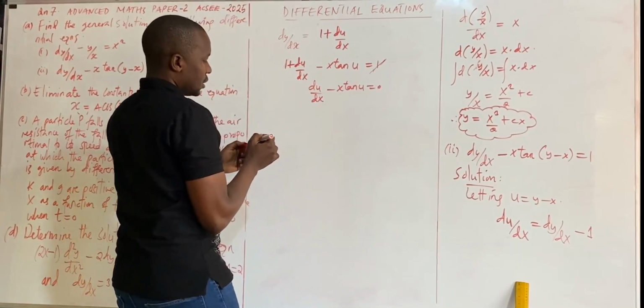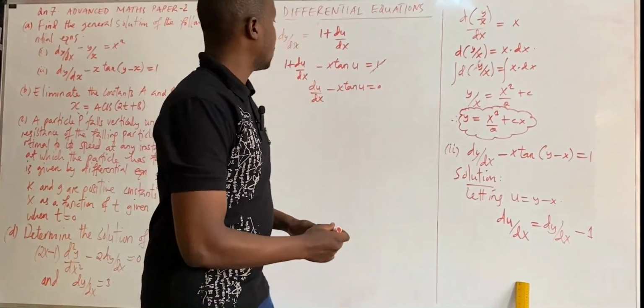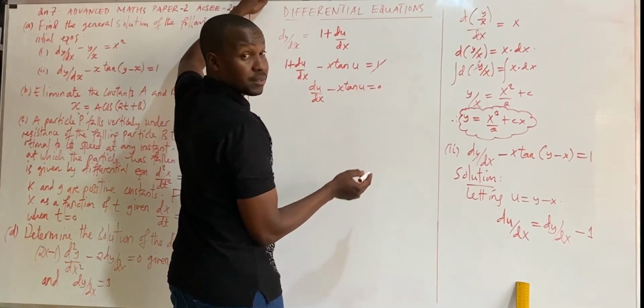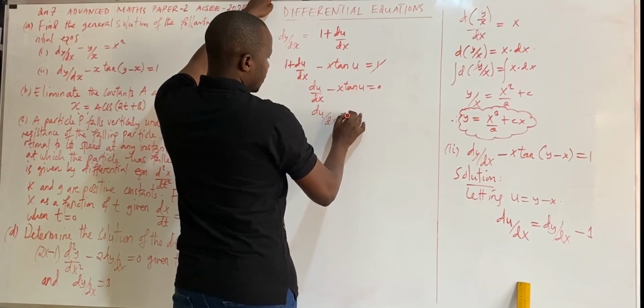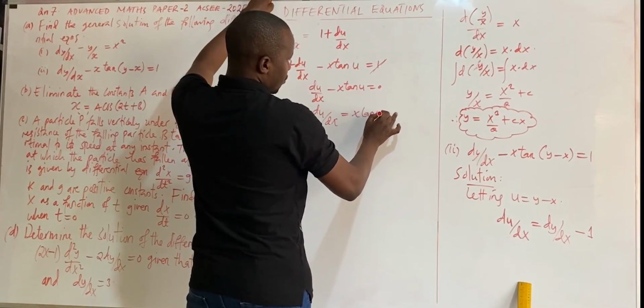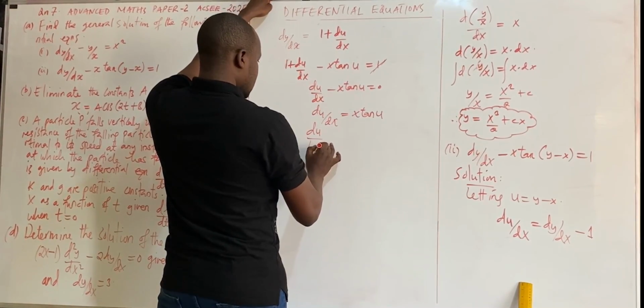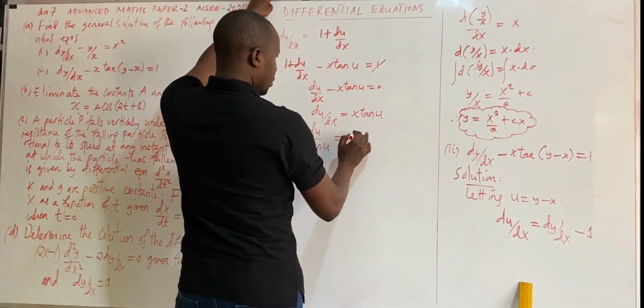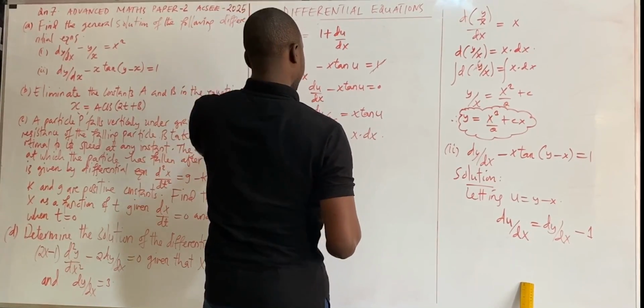From there, we can apply variable separation, so it can be easier for integration to work. Now du/dx is the same as x tan u. From here, we'll have du over tan u equals x dx.